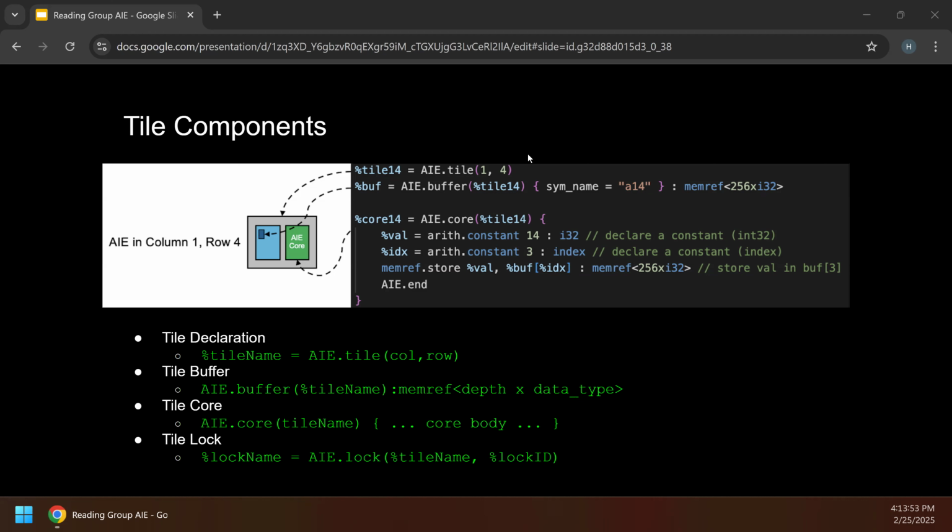As we can see, the AI engine tiles are the basic building blocks of the AI engine design, and each is declared as AIE.tile with the coordinates inside the parentheses.